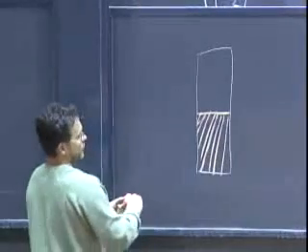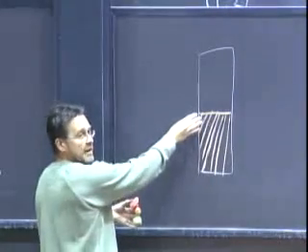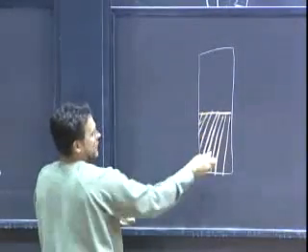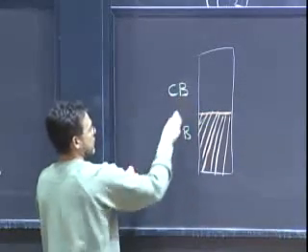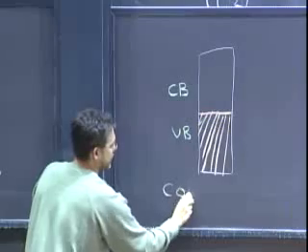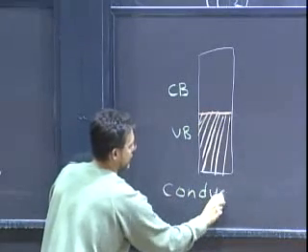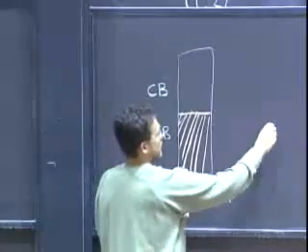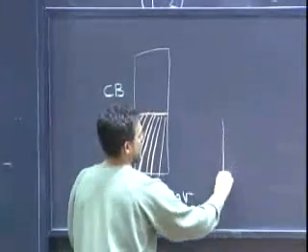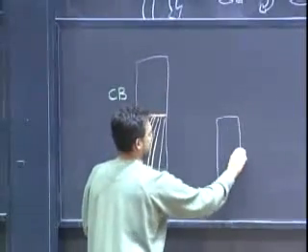Okay, so when you've got a meeting of the valence band and the conduction band, then your material is a conductor, and it's metallic. And then there are other possibilities, of course.